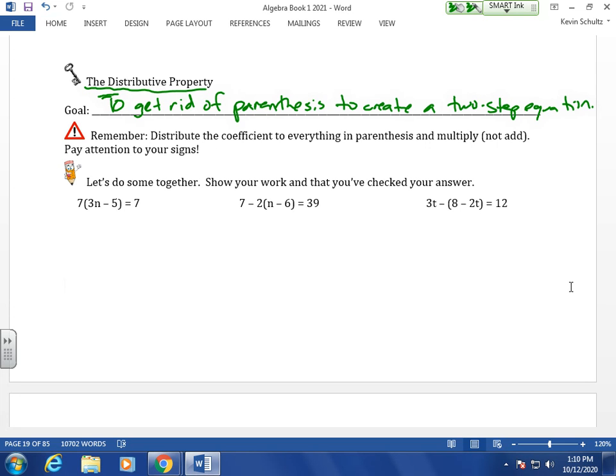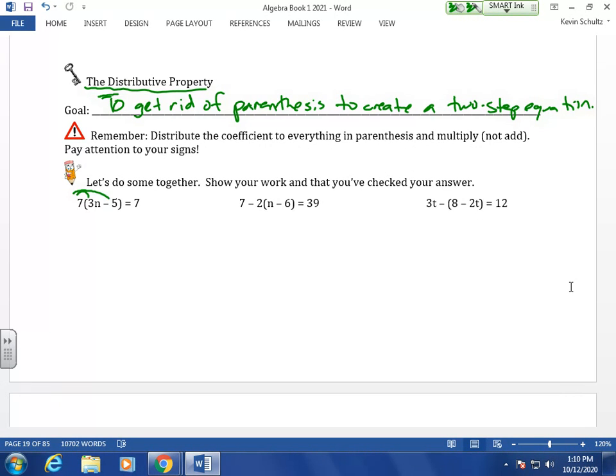So in the first one here, 7 times 3n minus 5, what am I going to be distributing into the parentheses? It's 7, yes. And what operation are we using when we distribute that 7 into the parentheses, Nick? We're multiplying, right?